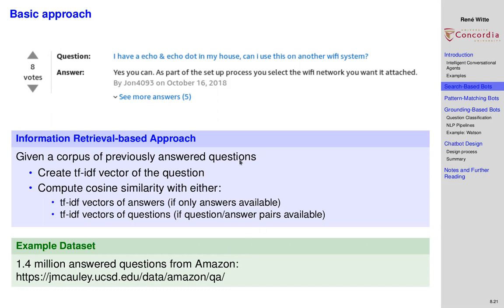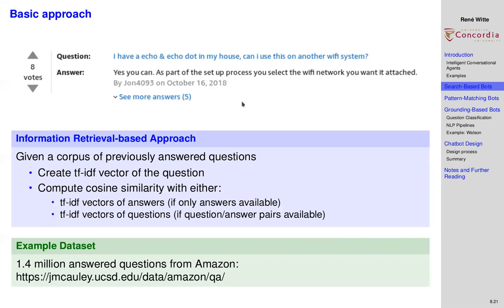So now the idea is somebody asks a question into a bot that is similar to maybe this one here. Well, it doesn't have to be the exact wording, but it's similar enough. And now you just learned in the previous weeks that one way of finding out the similarity is to use the idea of vector space model.